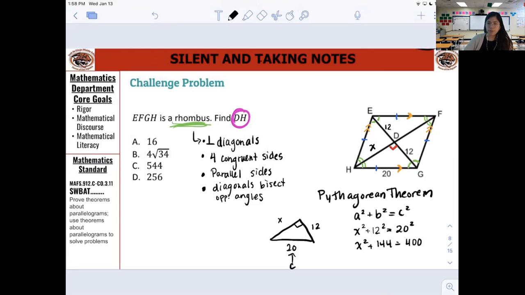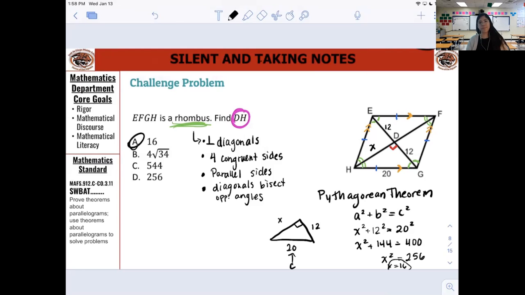Take away 144. What's 400 minus 144? 256. What's the square root of 256? Yes, 16.